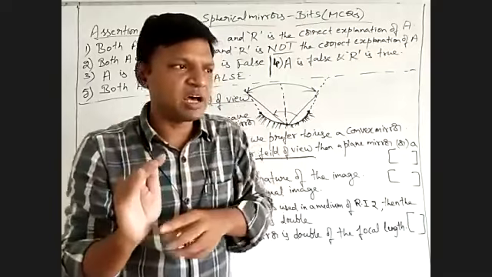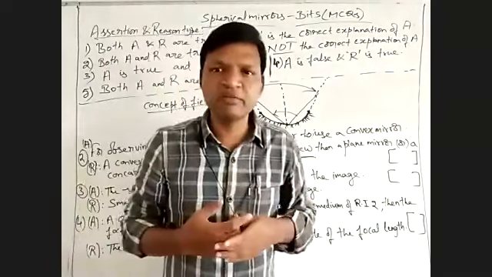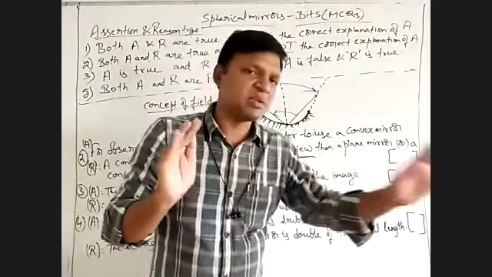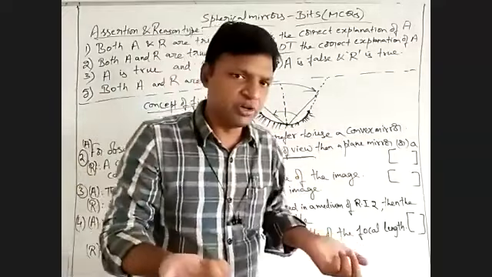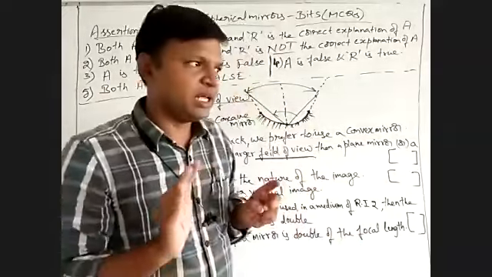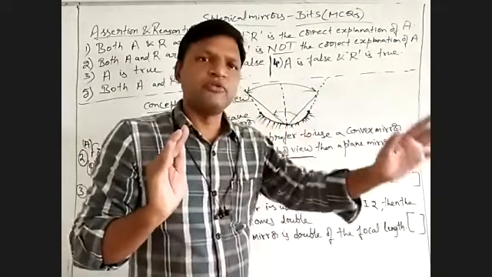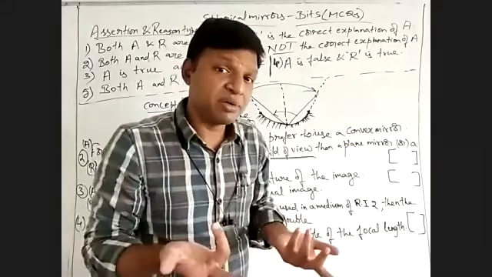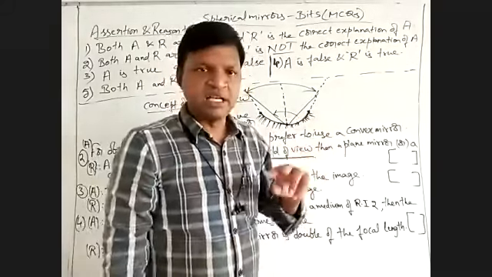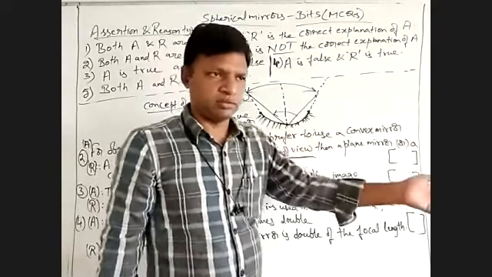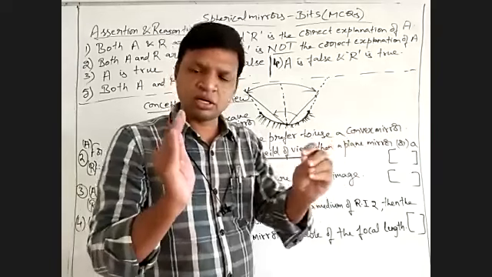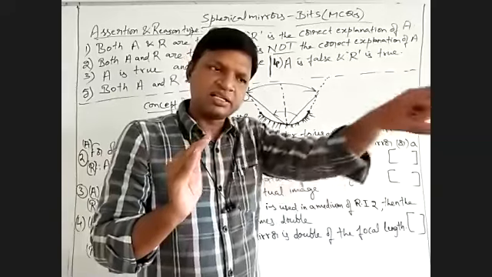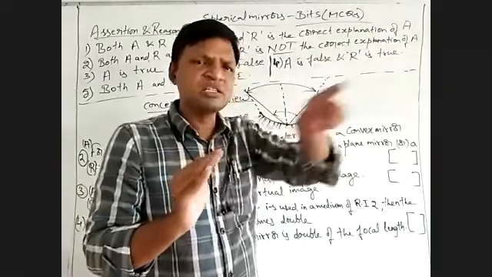This area which a concave mirror can show, if the object is placed in between, is called its field of view, or simply the area of view, which a spherical mirror, both convex and concave, can cover. Suppose you keep an object here, it cannot show because its field of view is not in that part.